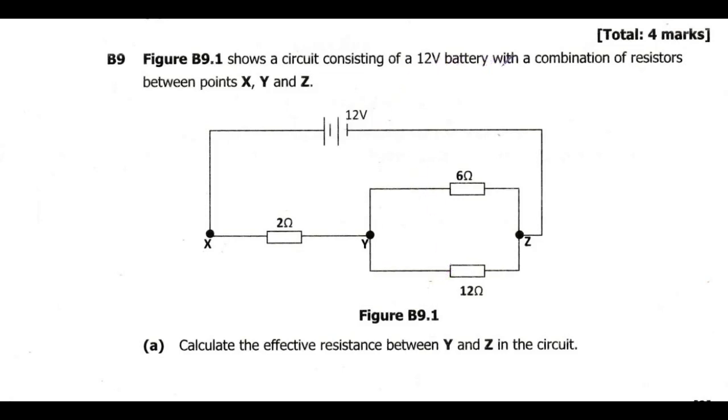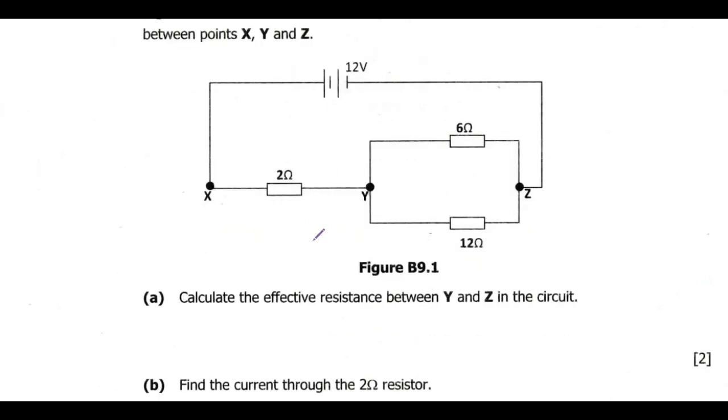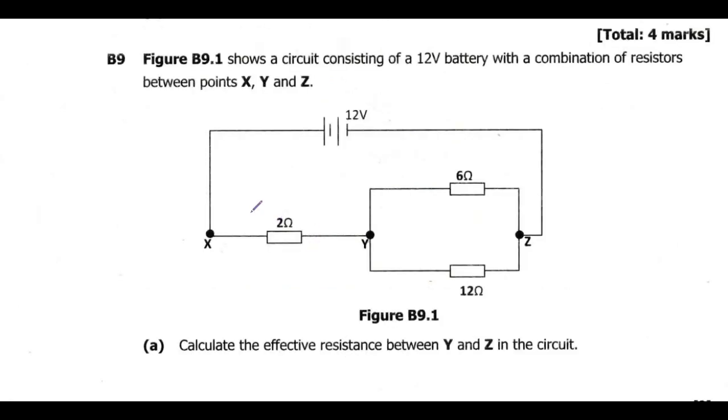So here we have our circuit. We have our X, Y. So this circuit has got a battery with a voltage of 12 volts. Okay, so that is the voltage with the combination of resistors between points X, Y. This is a resistor, that is a resistor, that is a resistor.